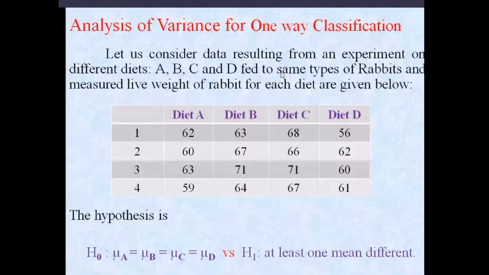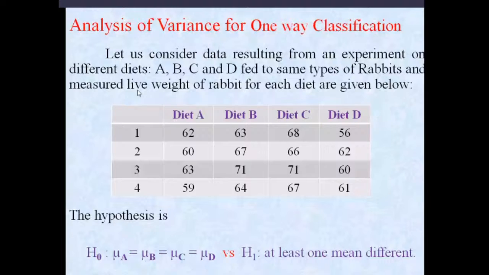I have taken rabbits of almost similar weight and given them different diets: A diet, B diet, C diet, and D diet. Then after some time of feeding, I took the weights of the rabbits.